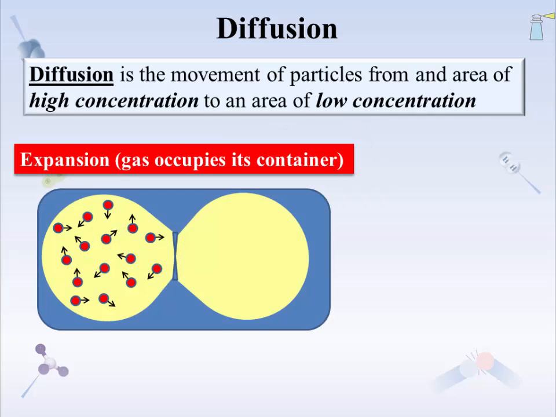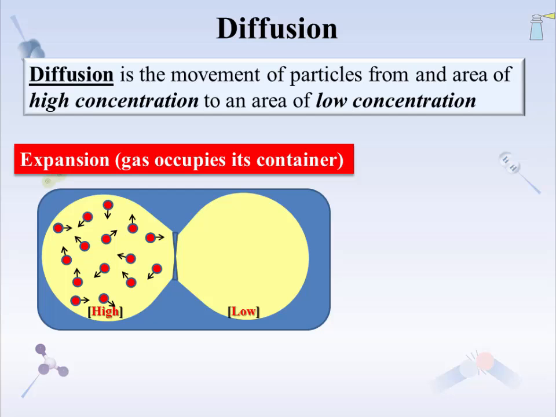In this cartoon, there are 2 spherical volumes that are separated by a barrier. Often such a barrier is a stopcock, which can be opened with a twist of a knob. There are gas particles randomly bouncing around in the left volume. The gas fully occupies that volume. The right volume is empty. The concentration of gas on the left is high.